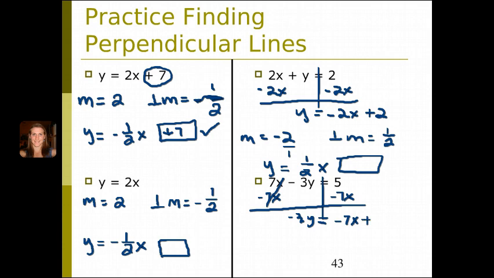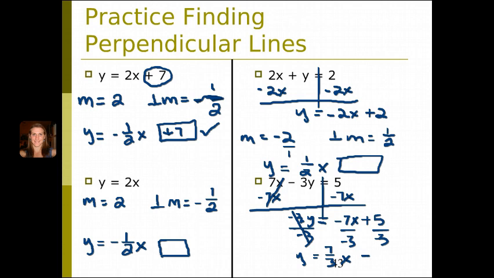Divide everything by negative 3. And you're left with y equals positive, because a negative divided by a negative is a positive, 7 over 3 x minus 5 over 3. All right, so let's look back up at the top.